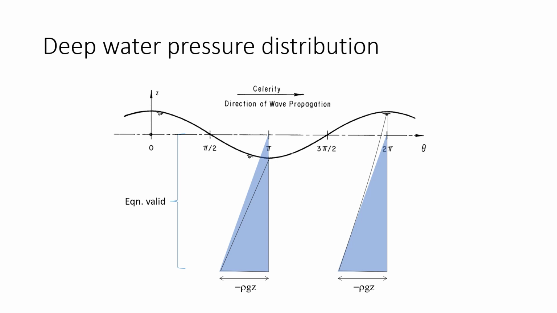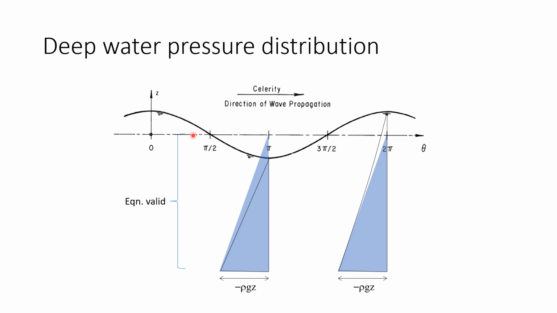That means below z equals 0. In this case, we can see that, for example, the blue triangle indicates the hydrostatic pressure distribution, which is 0 at the still water level in all cases.